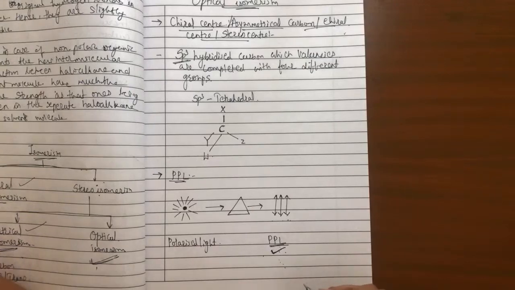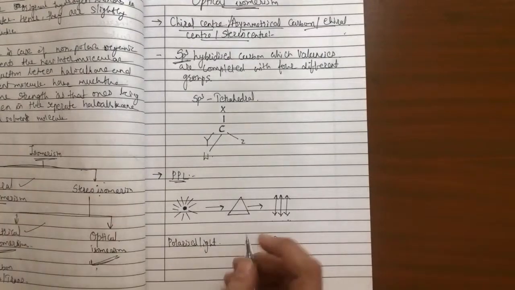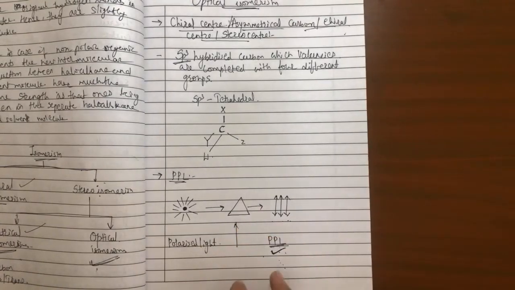We'll study further. So these two terms you must know: chiral center or chiral carbon, and plane polarized light. This is the arrangement we use to convert polarized light into plane polarized light. This is known as a Nicol prism or Polaroid.